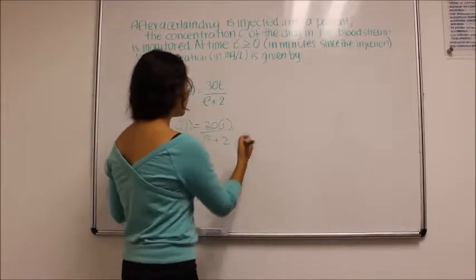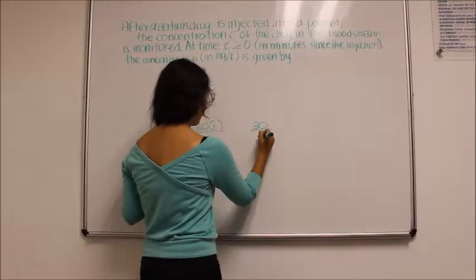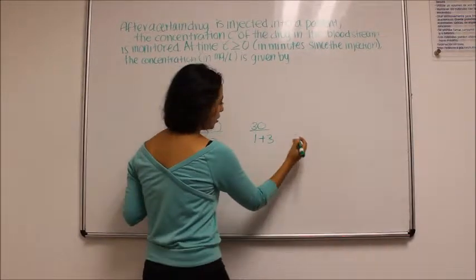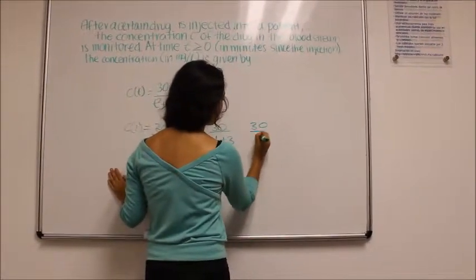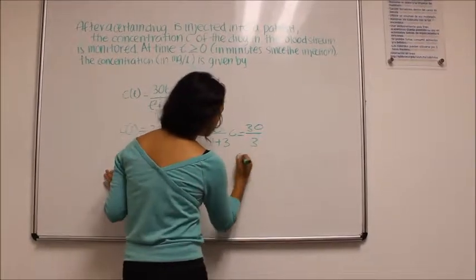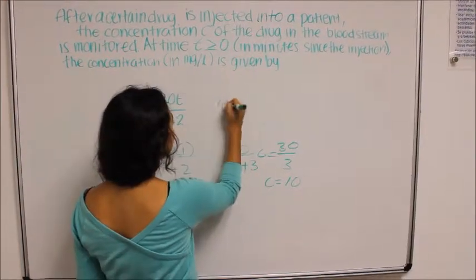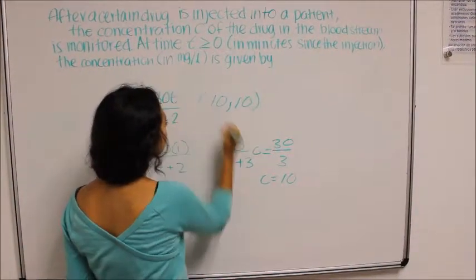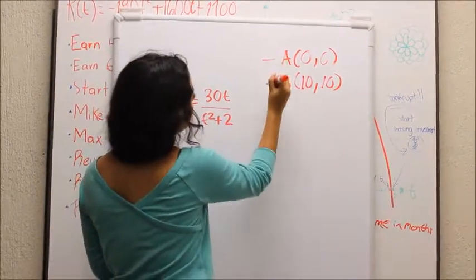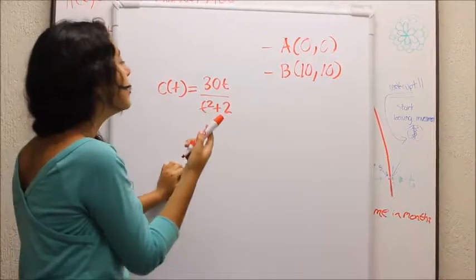So we have 30 over 1 plus 2, that's 3, so 30 over 3 is equal to C. 30 divided by 3, C is equal to 10. So now we have the point (1, 10). We have our two points that we already got: (0, 0) and (1, 10).